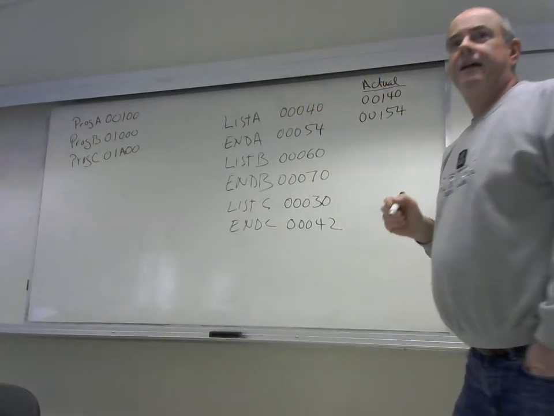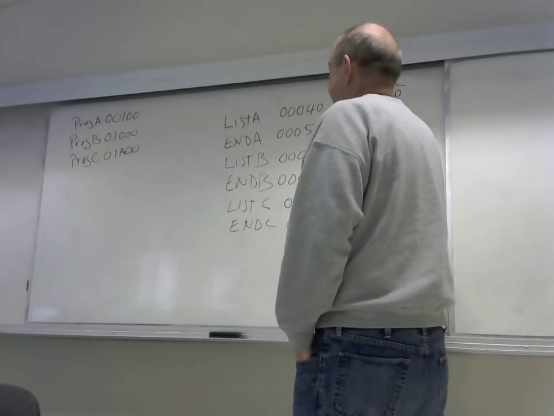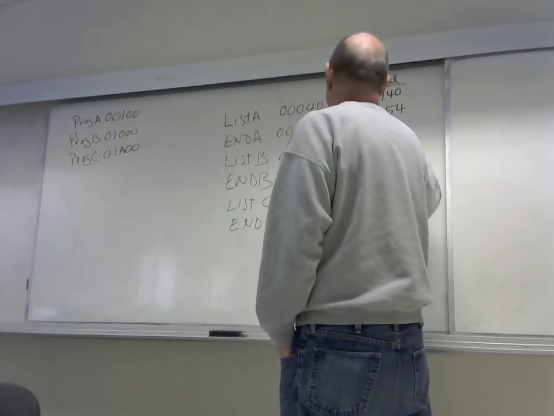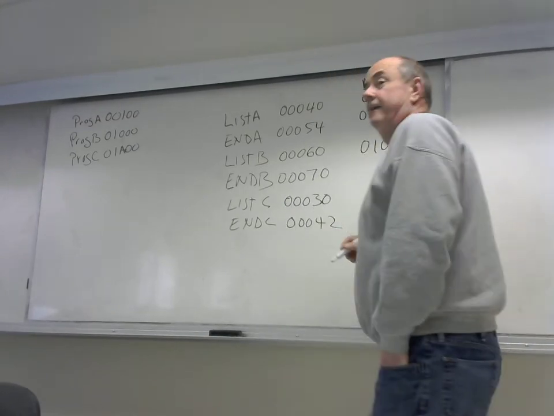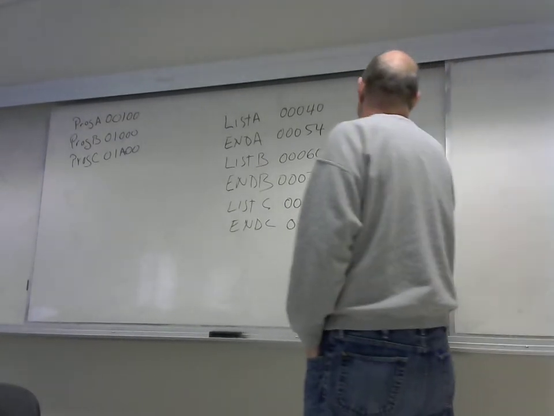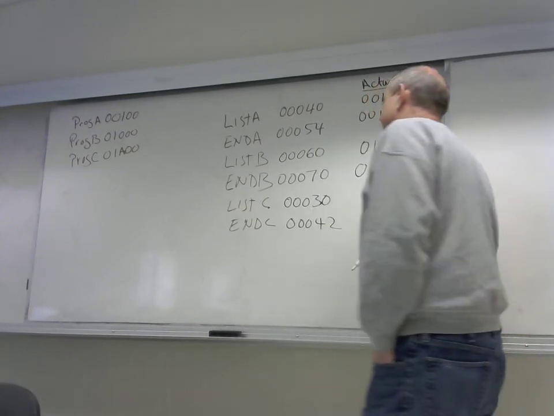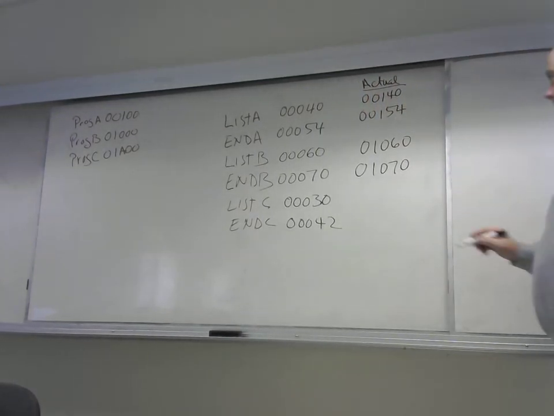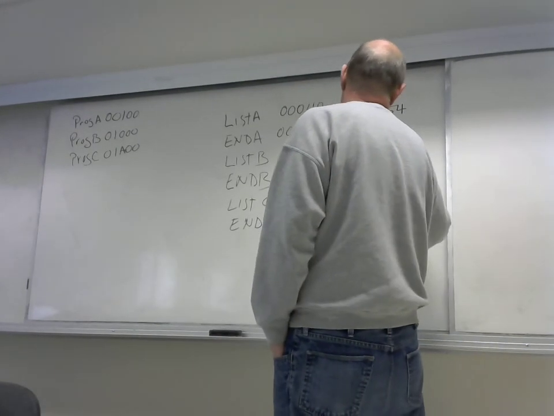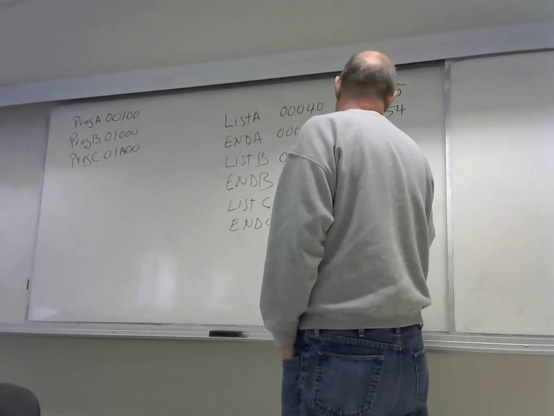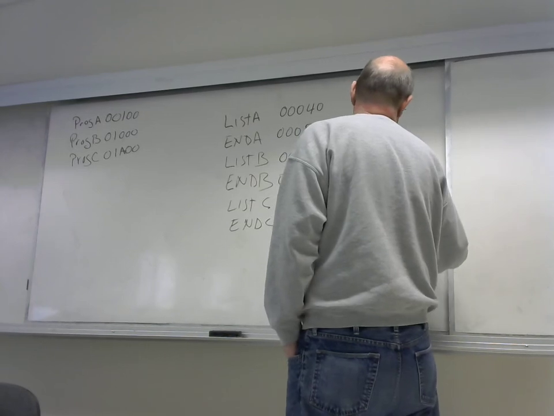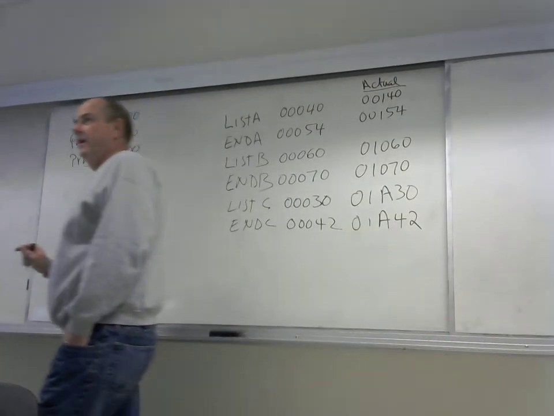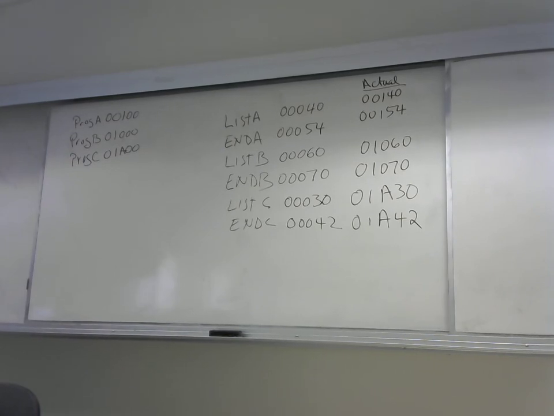Right? This is not hard. What about the 60? And then finally the last one. Okay, that's not terrible. So what I did first is not on here, but I wrote it myself. I'm going to create my symbol table with the new addresses.